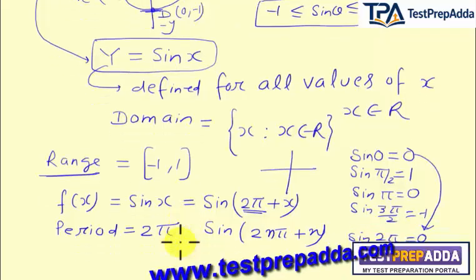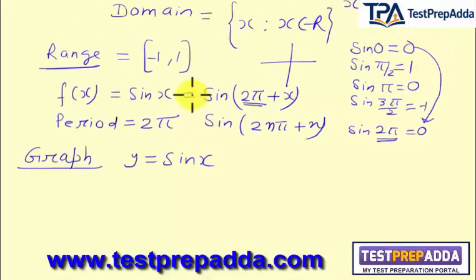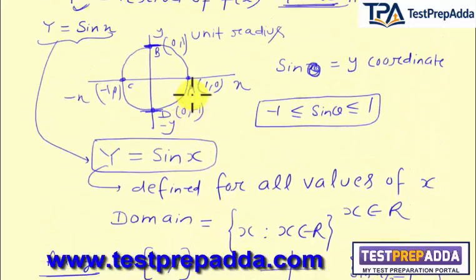Okay. Now we will talk about the graph of y is equal to sine x. If you go back and check this unit circle, you can easily say that as the angle increases from 0 to pi by 2, the value increases. Since it's the y coordinate, the value increases from 0 to 1.